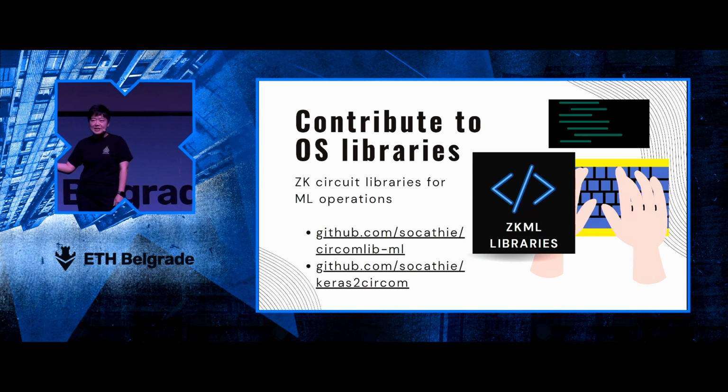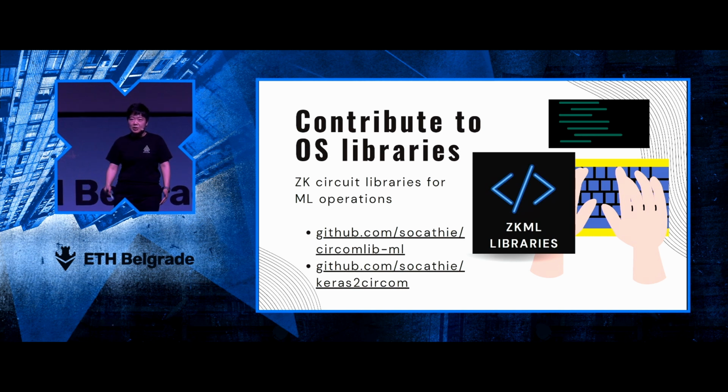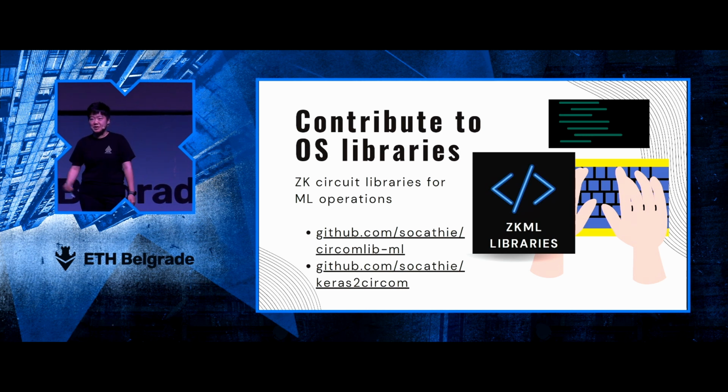The size of the work that needs to be done is not something that can be covered by just a few teams and me personally. So we actually need a lot of people who are excited, who know machine learning, or even just linear algebra, to contribute to migrating all the machine learning operations into ZK.